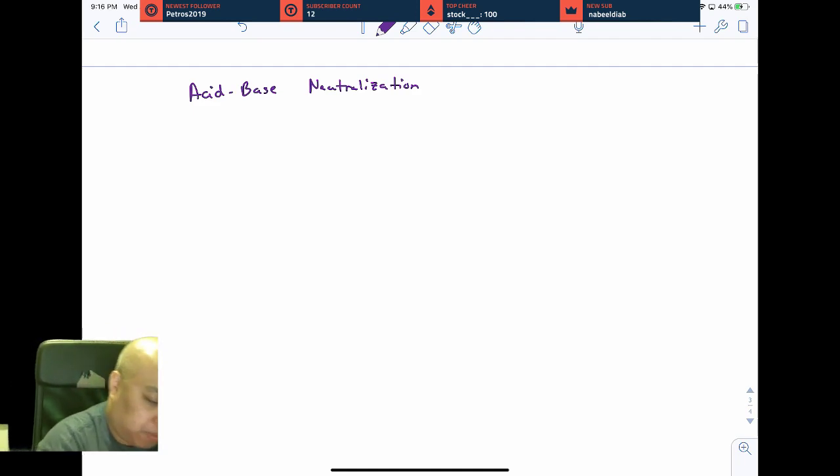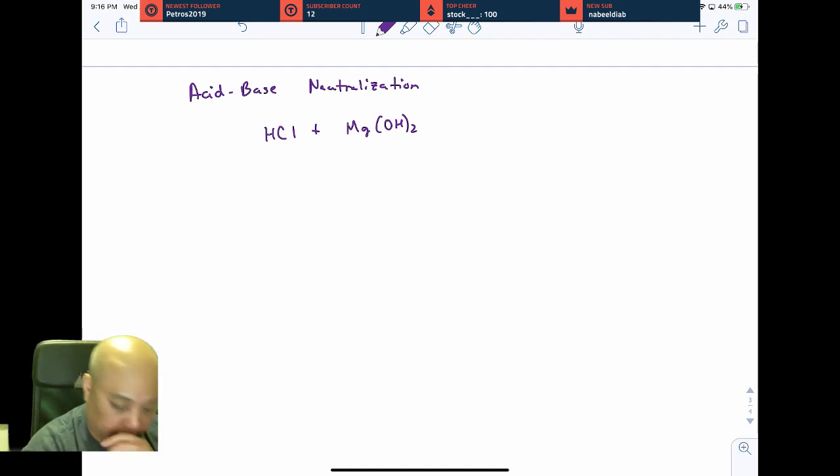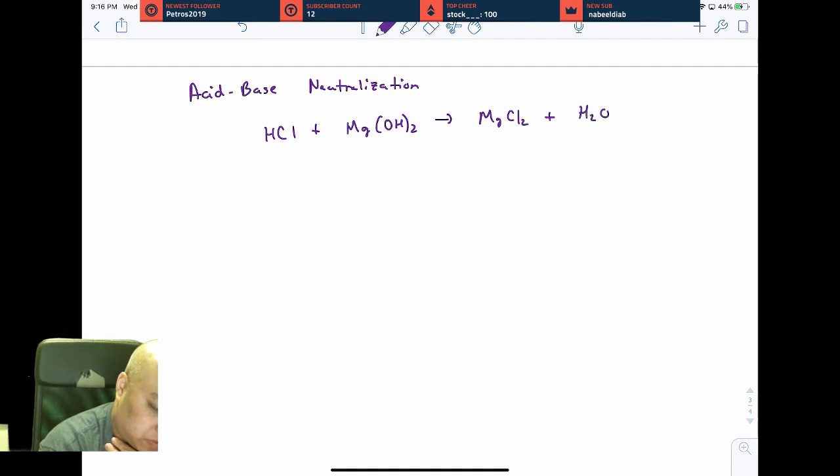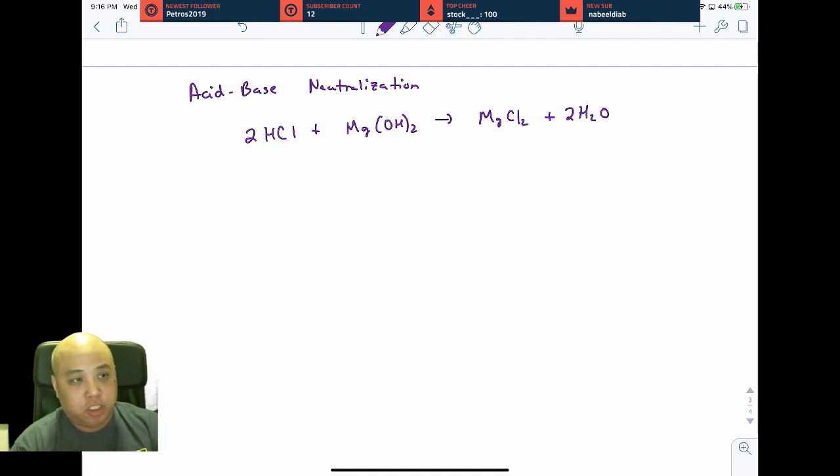And so we'll say HCl plus Mg(OH)2, and that yields MgCl2 plus H2O. So, to balance that, you get this equation. What that's saying is that 2 moles of HCl react with 1 mole of Mg(OH)2.